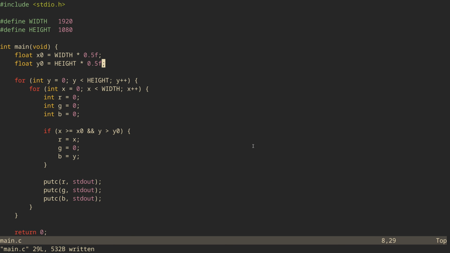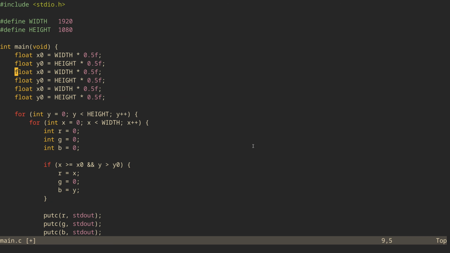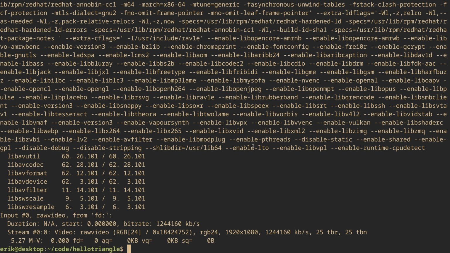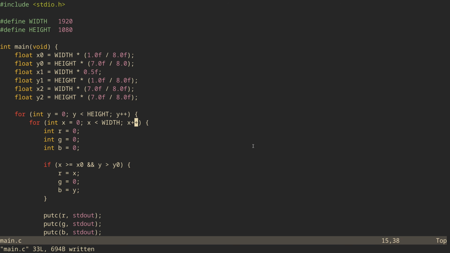And so let's define 3 points. I'm going to copy these to x1 and x2. Let's say that this is 1/8. So those should define the 3 corners.